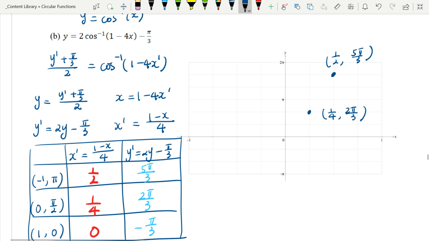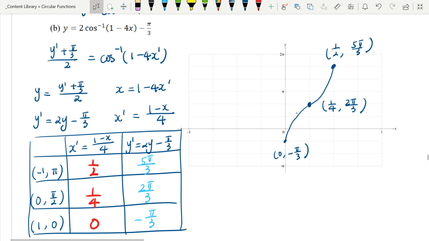And 0, negative pi over 3. Think about the shape of the graph. And I can see x-intercepts there. So I need to solve for that.